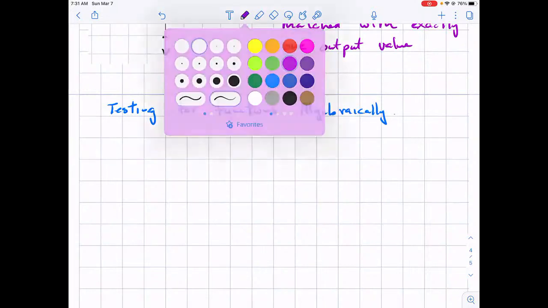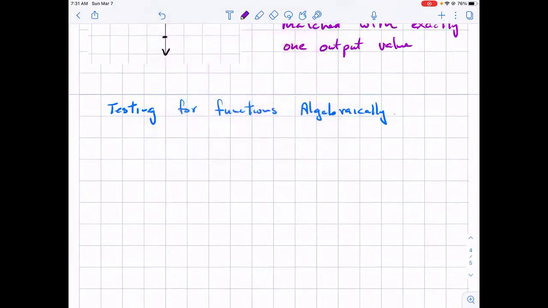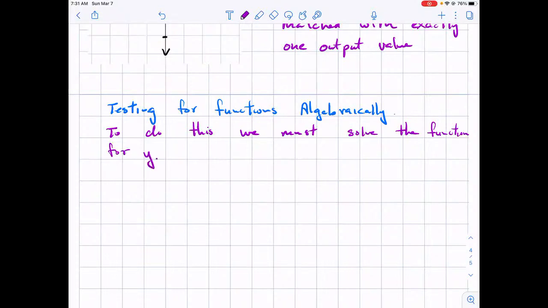The goal here first is that we must solve the equation for y.